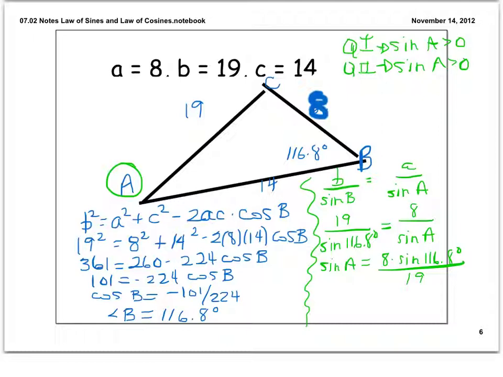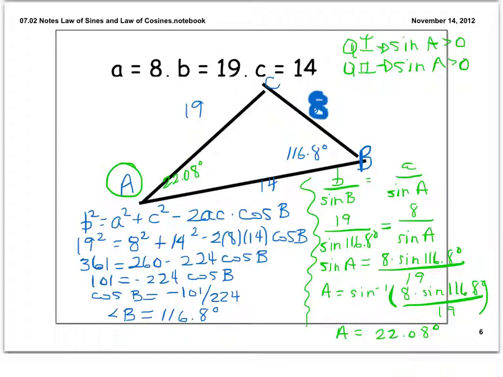And then if in your calculator you do the sine inverse of all of that, you'll find that A equals about 22.08 degrees.